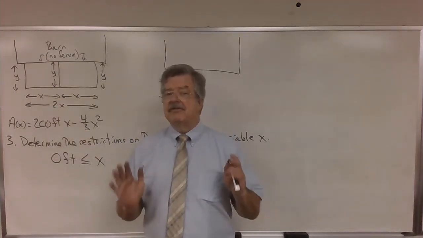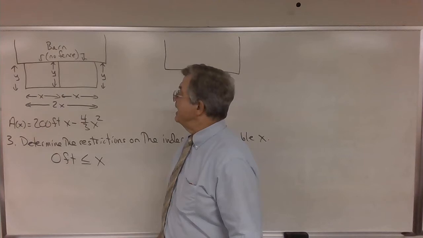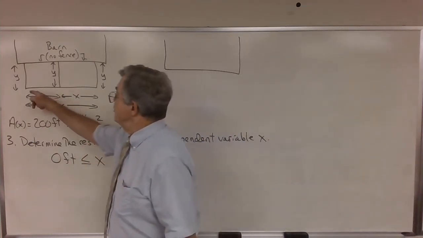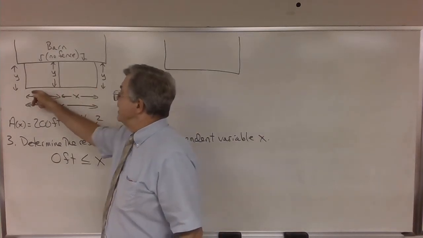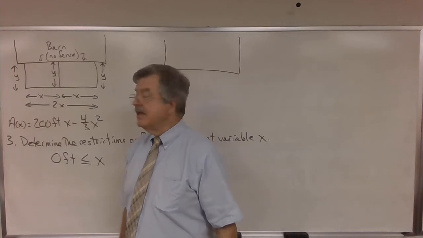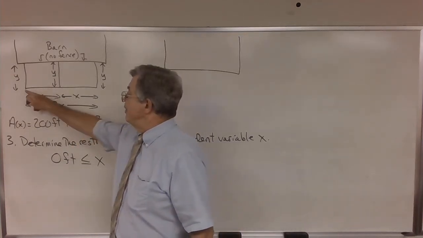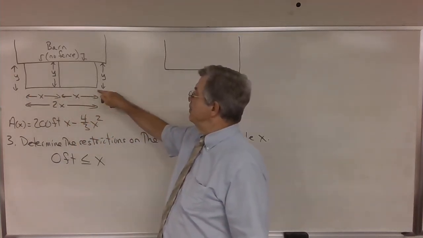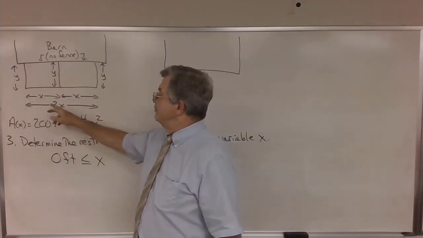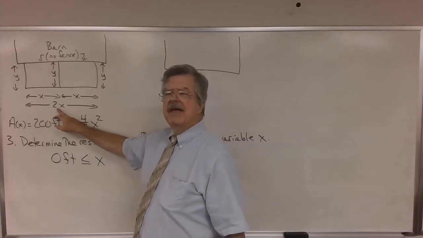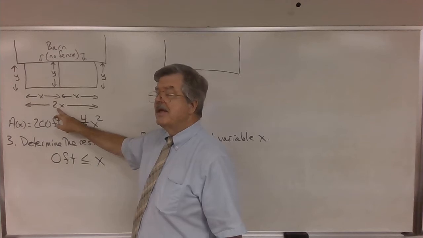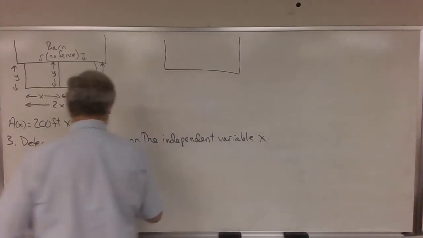And to make this x as large as possible, I could use all 300 feet of my fence on this one side and not save any for these 3 pieces of length y. So I could use all 300 feet of fence on this one side, and this one side is of length 2x, so that means 2x is 300 feet, so x is 150 feet.